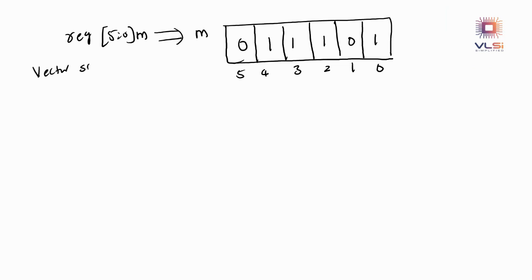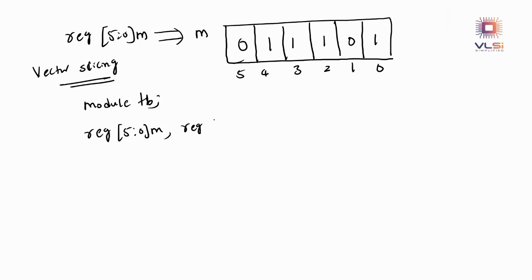What is vector slicing? Vector slicing means I can access individual bits in the vectors. Suppose I consider module tb, I will initialize reg [5:0] m, and reg [1:0] n.